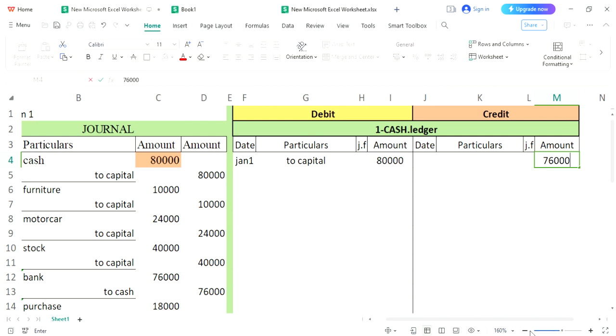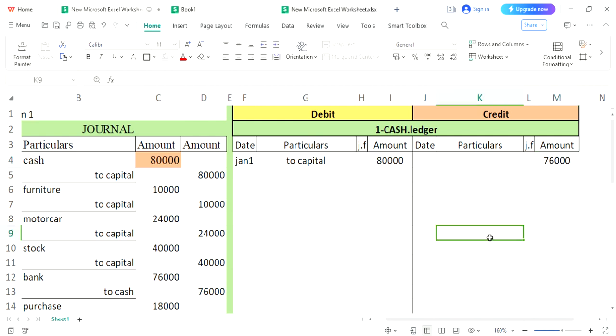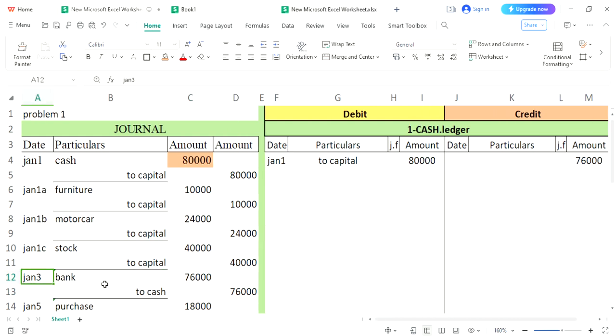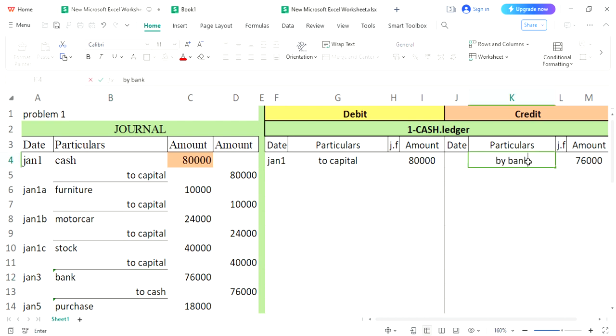As you have posted the amount over here, next step is to write the reference. For reference, you will go to the 76,000. Cash was credited. What is written on the opposite side? That is bank. Bank would be used as reference. So you will come over here and write by bank. You are using an additional word, by.